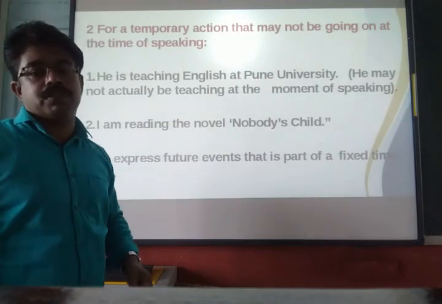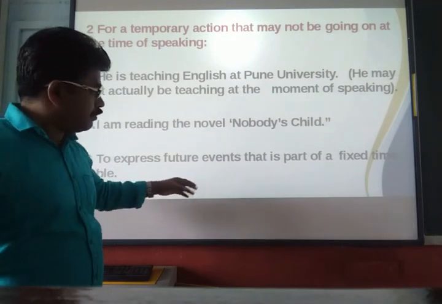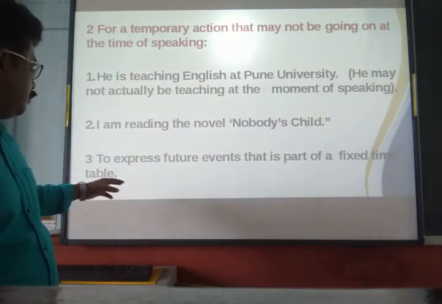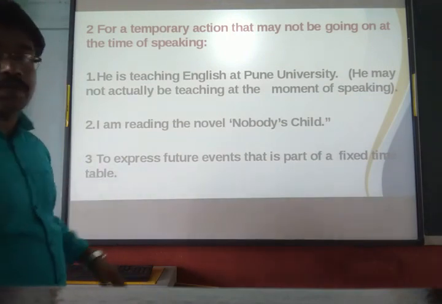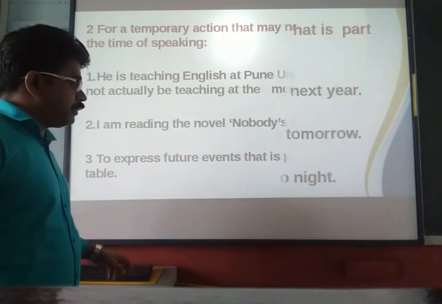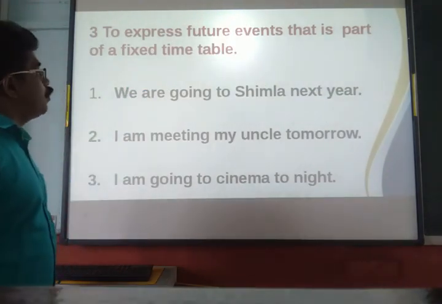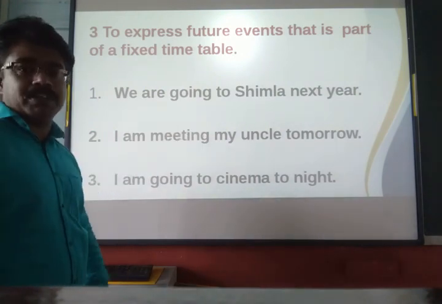So we use the present continuous tense to express future events that are part of a fixed timetable. That is the next rule we have to proceed with. We said the same thing about the simple present tense also.